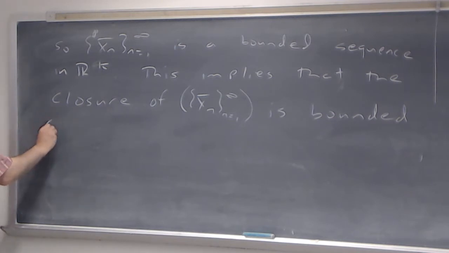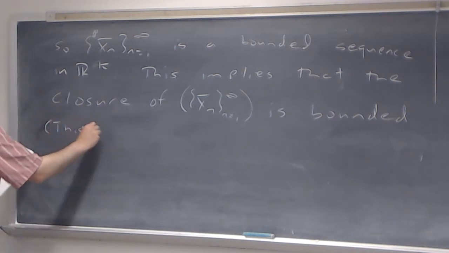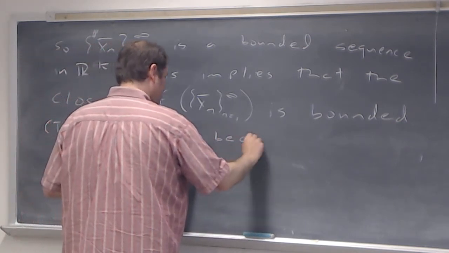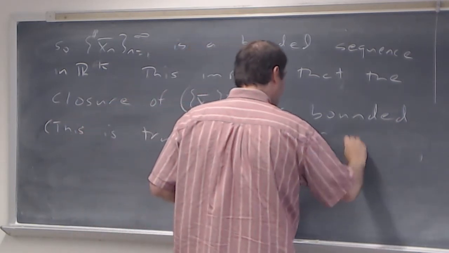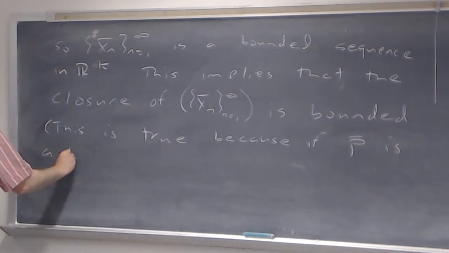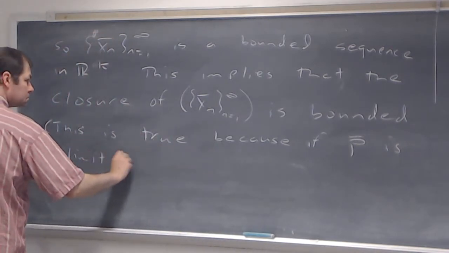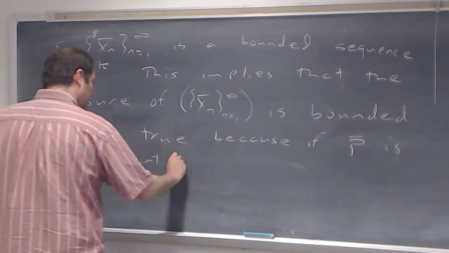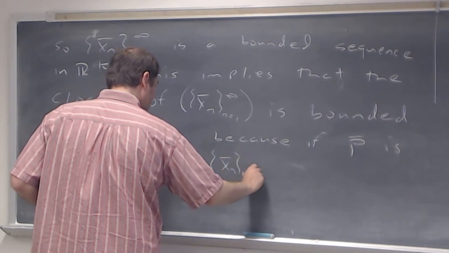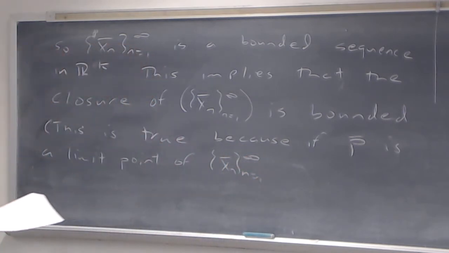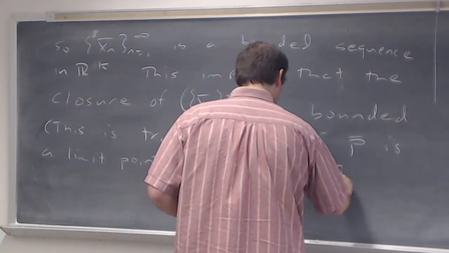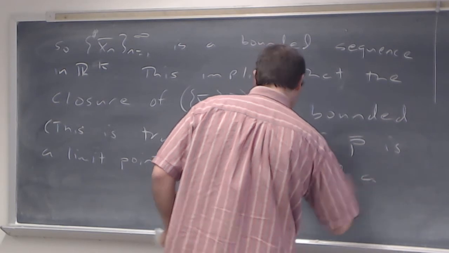And this is true because if P bar is a limit point of this sequence, then there exists a subsequence.